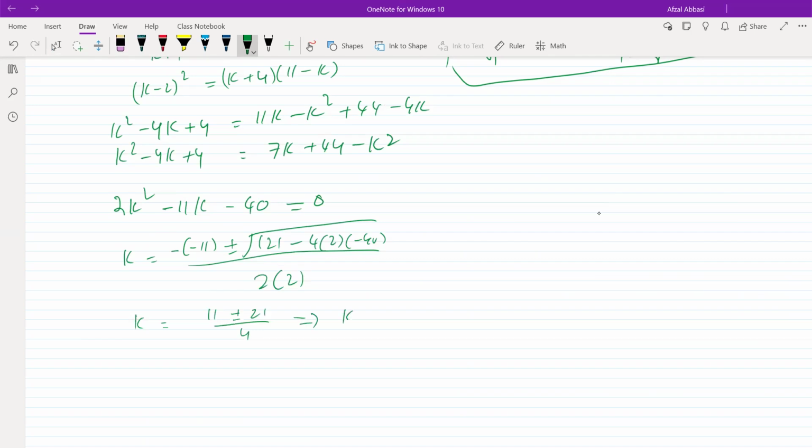This gives us either k equals 11 plus 21 divided by 4, which is 8, or 11 minus 21 divided by 4, which is negative 2.5.